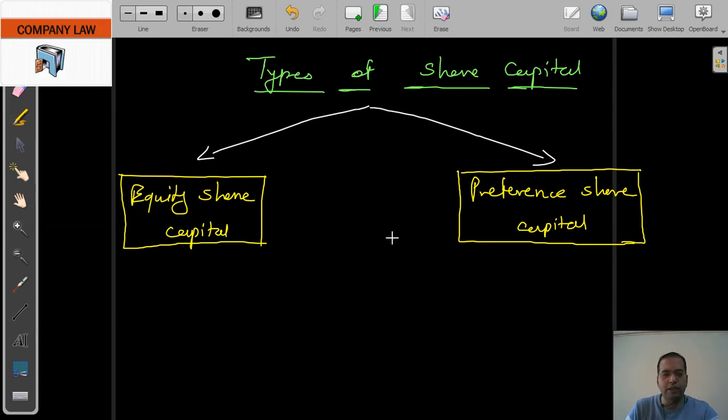Okay, so these are the two categories which are defined. What is meant by equity share capital and preference share capital? So where exactly is it defined? Under section 43.